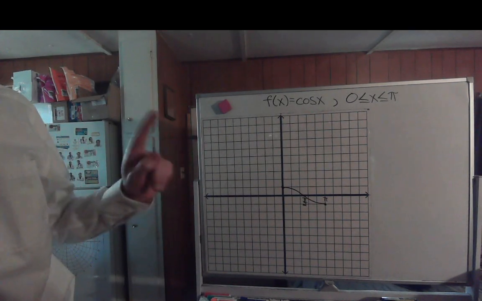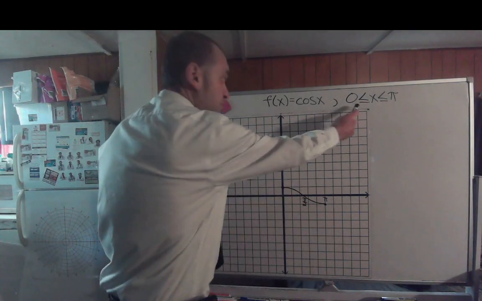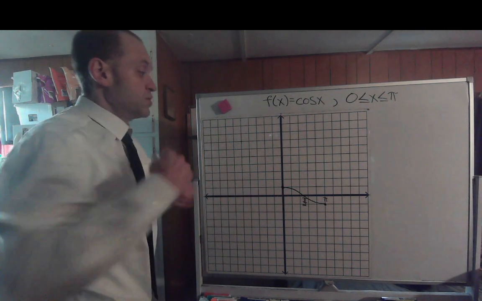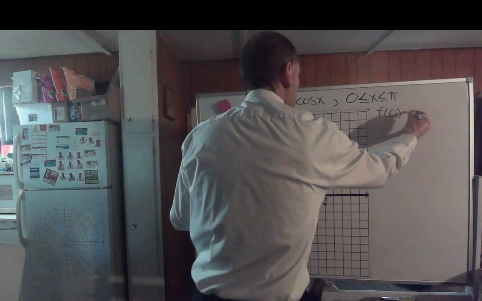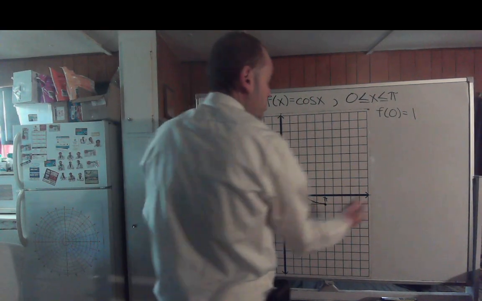So what does that mean? Well, we see that still, even from the domain and graphically, since you have the solid dots, you can get the function value at f of 0. So f of 0, of course, means the cosine at 0, which we know to be 1. And then the other endpoint is pi.